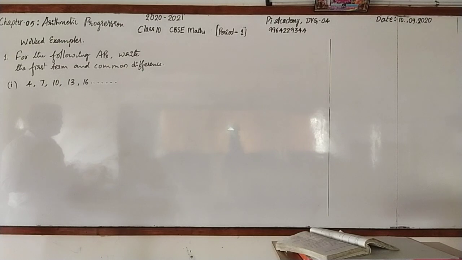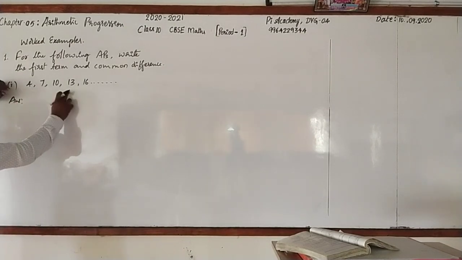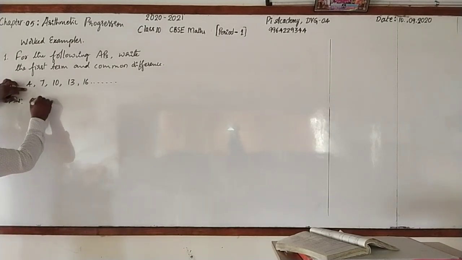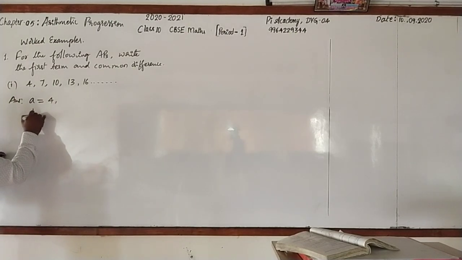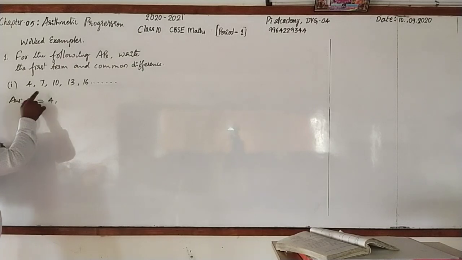It is in AP. In this, we have to write the first term and common difference. Which is the first term? It is 4. 4 is the first term. Common difference, we know that it is the difference between a term and its preceding term. It may be 7 minus 4.